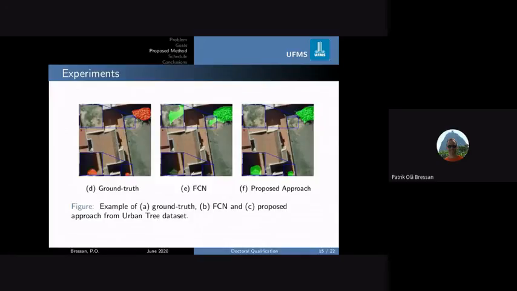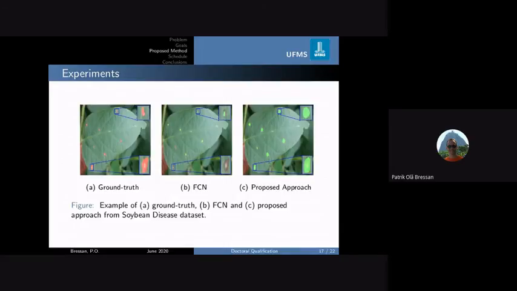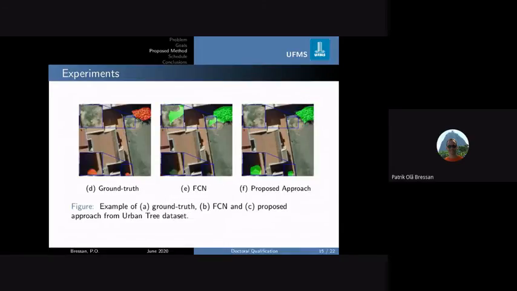Here, slides 15, 16, and 17, we plotted the outputs of the CNNs to have a visual result. So we have the labeled image. Here is ground truth, FCN, and output of our approach.